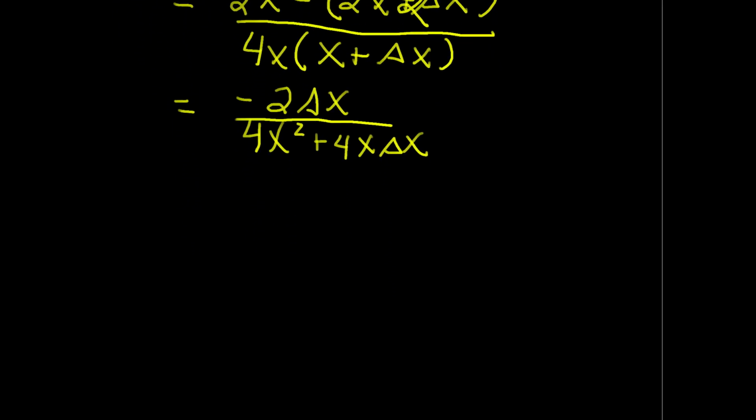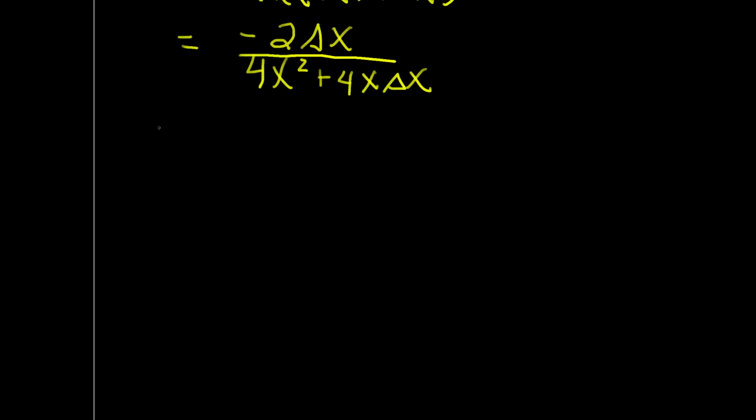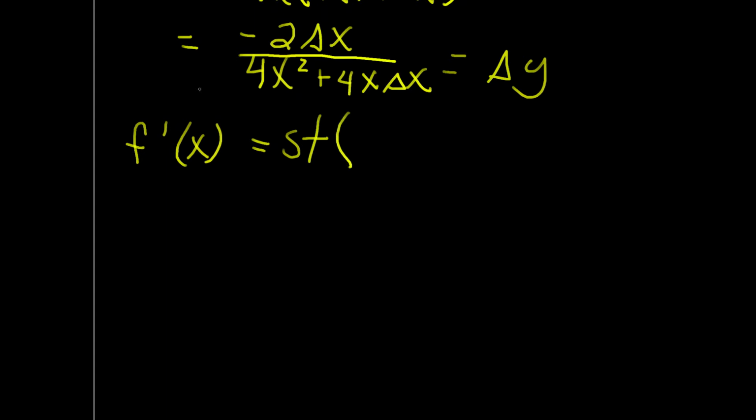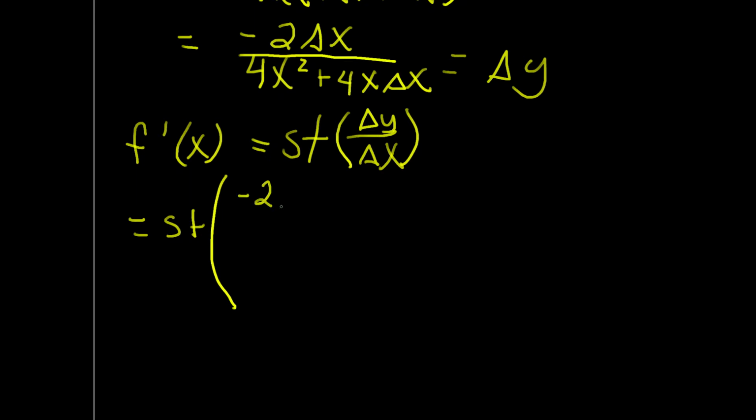So f prime of x, remember this is our delta y, so f prime of x by definition is the standard part of change in y over change in x, which is equal to the standard part of, so we'll put this in, negative 2 delta x divided by 4x squared plus 4x delta x.